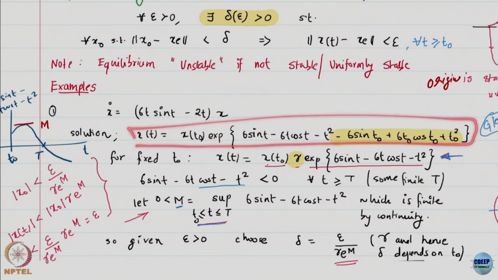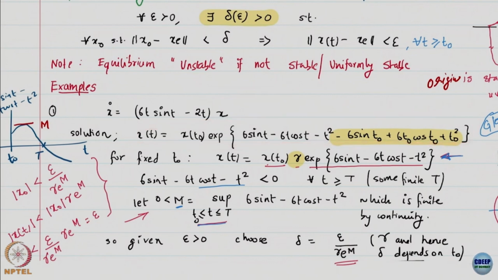It's not difficult to see that this is the solution, because if I take the derivative of this, you will get 6t sin t, and the derivative of this is 2t, and then this is just the corresponding initial time terms, exact same terms with opposite sign corresponding to initial time. It is just the definite integral. Everybody is clear that this solution is evident, excellent.